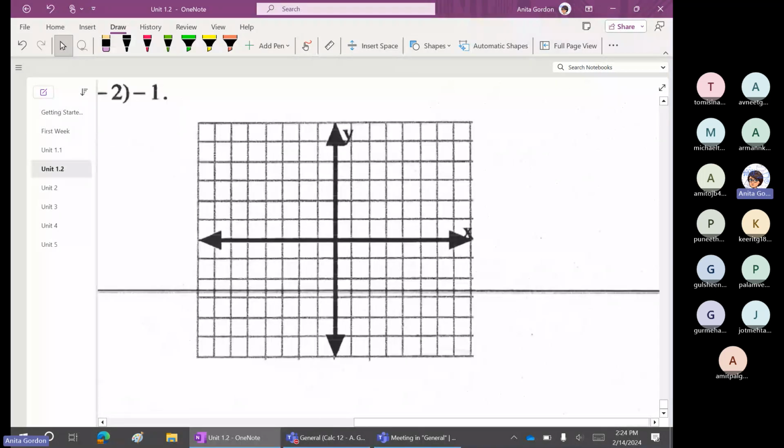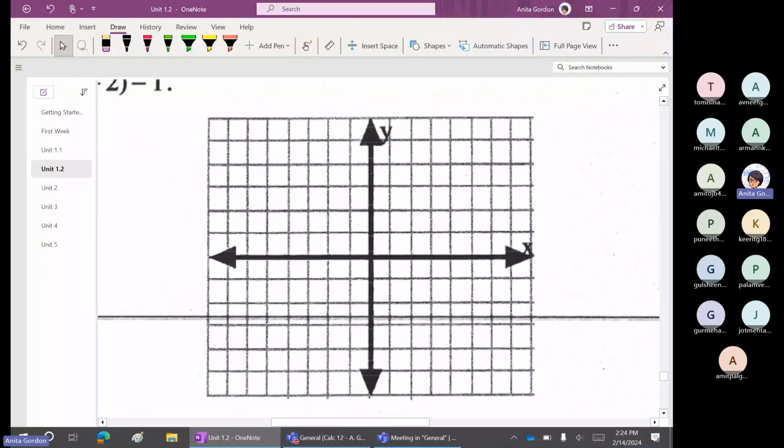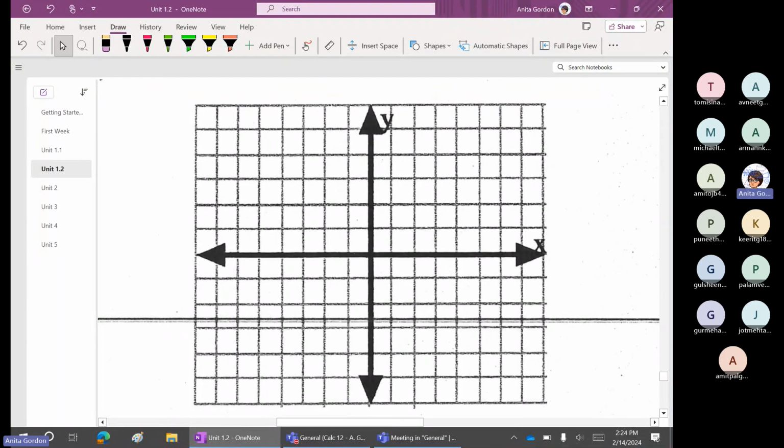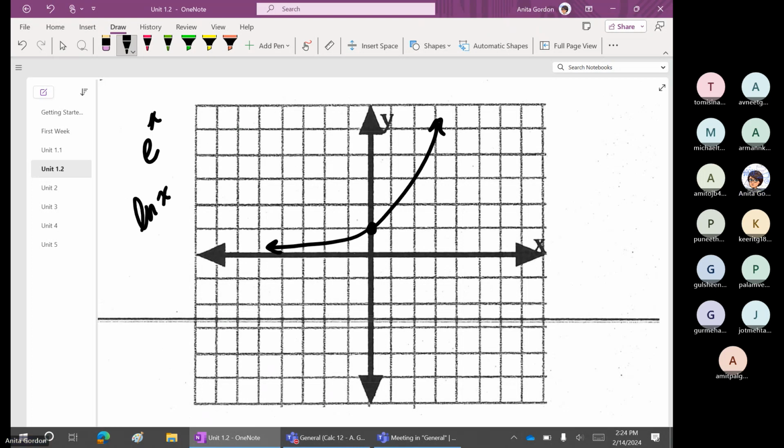Okay. I'm going to assume that we haven't watched last week's video, so I'm going to do a quick demo here. e to the x is an exponential growth where the key point is 0, 1. It goes up like this, like this. Ln of x is the inverse of this.